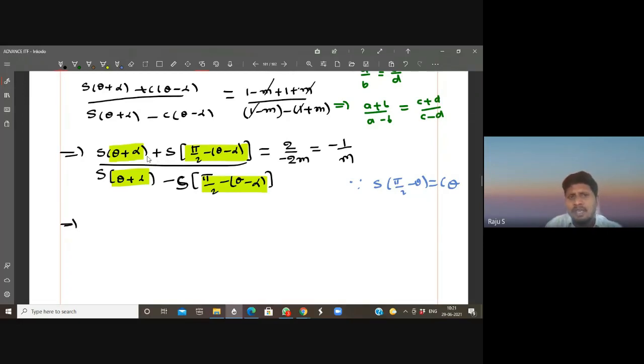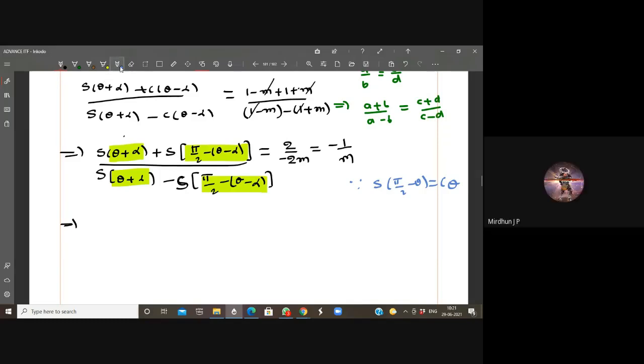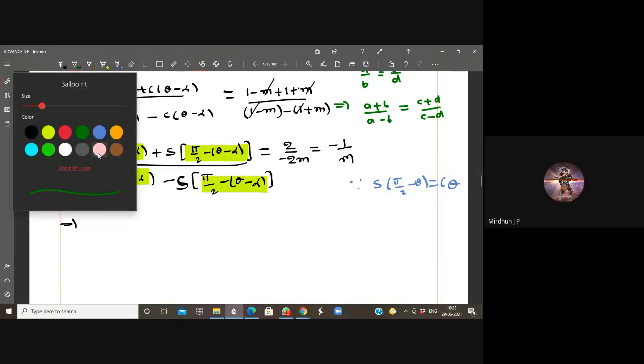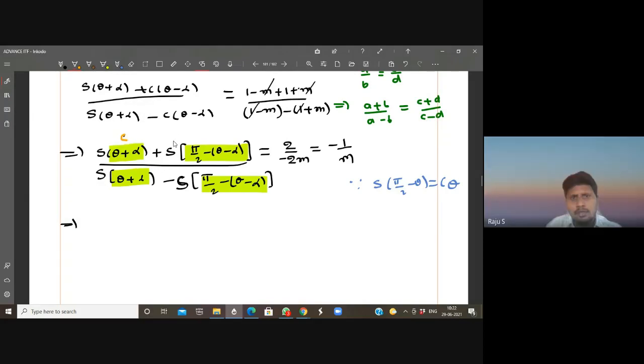What is the formula for sin C plus sin D? It is 2 sin of C plus D by 2 into cos of C minus D by 2.